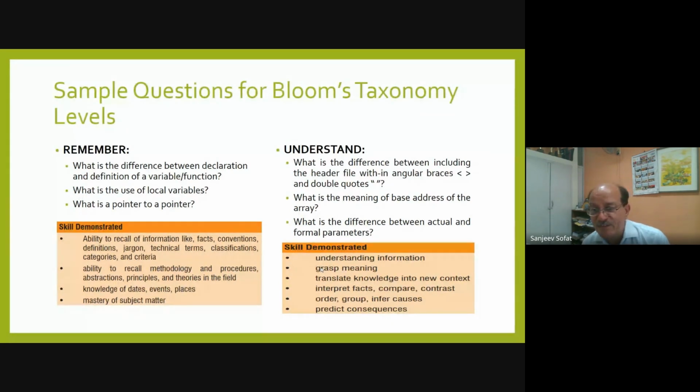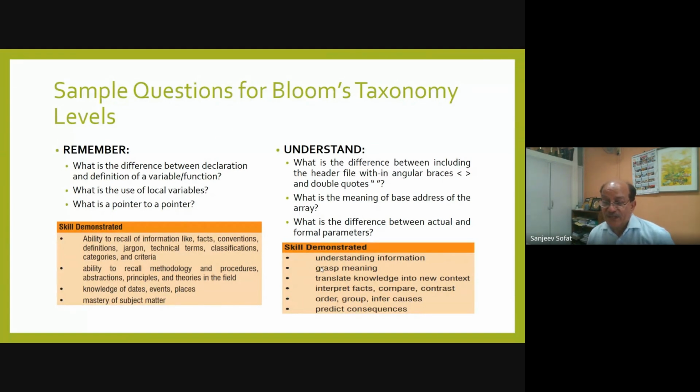And then understand: what is the difference between these two brackets, the angular brackets and the quotes? These are two brackets which we usually use in C language. I may have been using them for a long time, but in case somebody asks me the difference between them, that means in which situation this has to be applied and in which situation that is to be applied, that is what we have to understand.